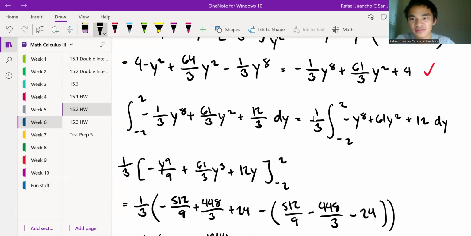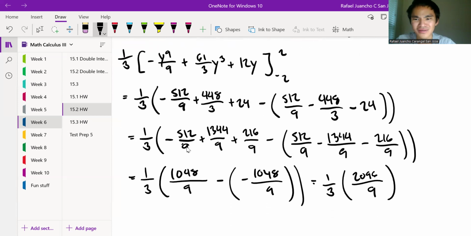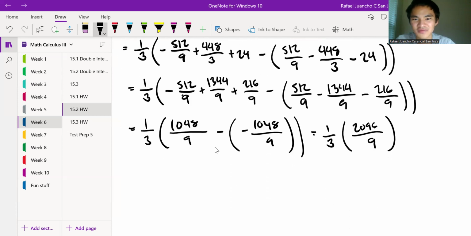Factor out a 1/3. What's the problem? Did I not do it correctly? Did I mess up something? I feel like I'm messing up something for some reason.